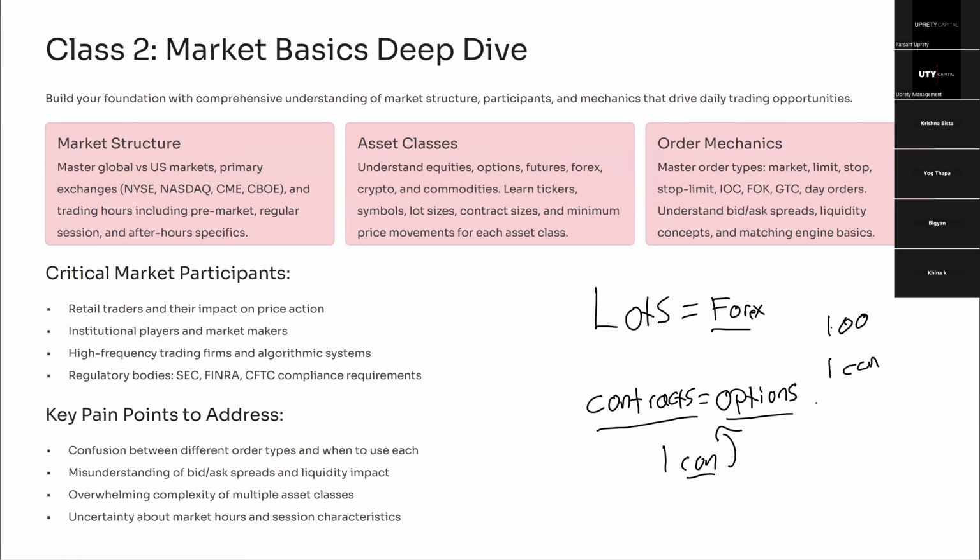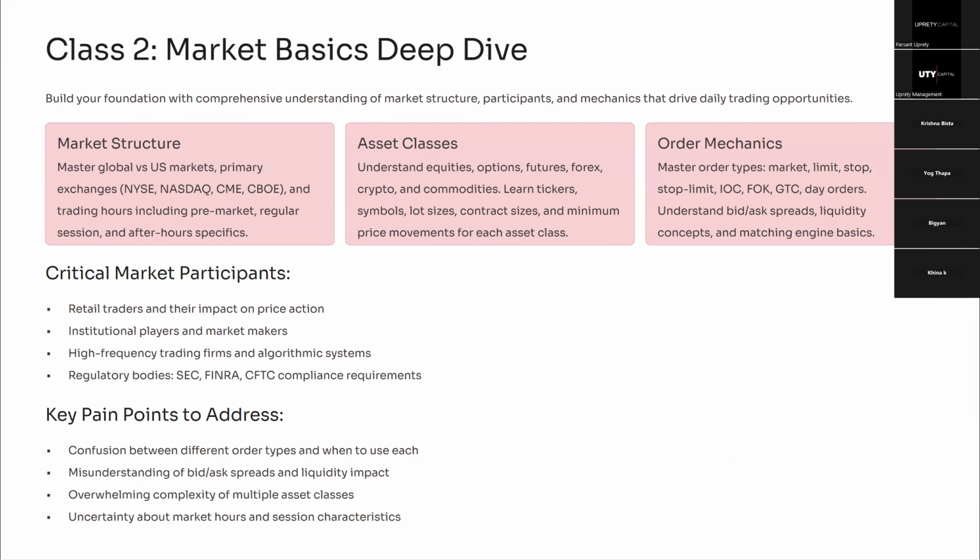We don't call cons for anything else. No other asset class do we call anything a contract. So those are the main differences between the asset classes. Does anybody have any questions? And then we're going to go into one of the most fun and interesting things, which are orders.